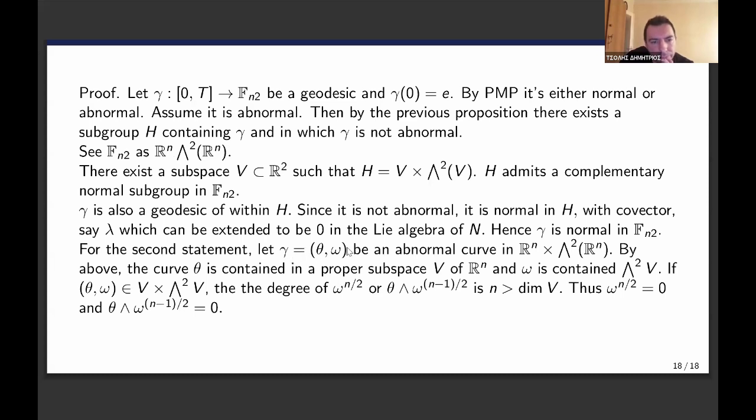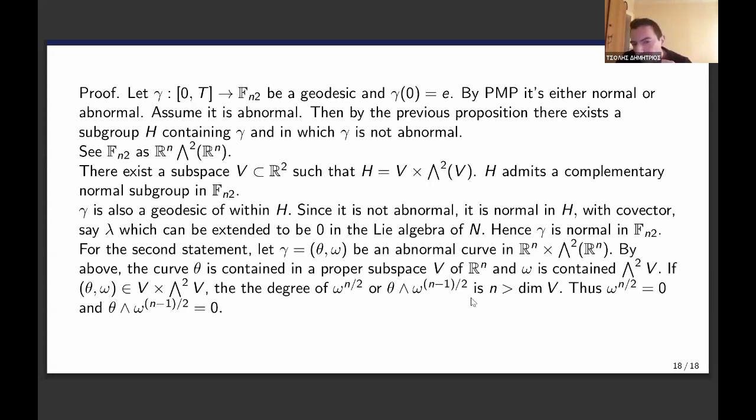This is this curve, gamma. Now, we know that the curve is, again, contained in a proper subspace of R^n. And we have that it lives here. So we know that the dimension of this V, which is a subspace of R^n, cannot be equal to n.